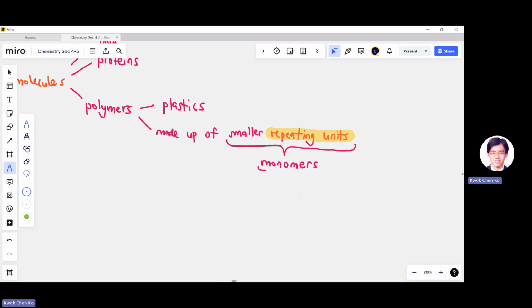Meaning of mono? Yeah, good. Mono means one unit or one repeating unit. So again, if you want to highlight monomers, you can see it in your exam. Make sure you know what it refers to.